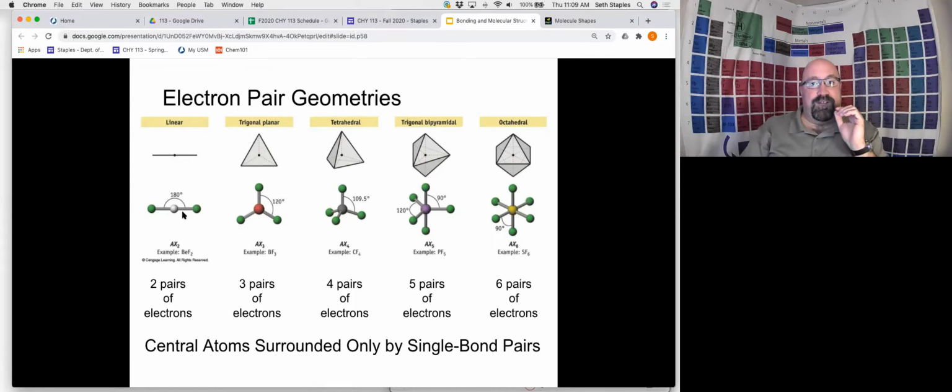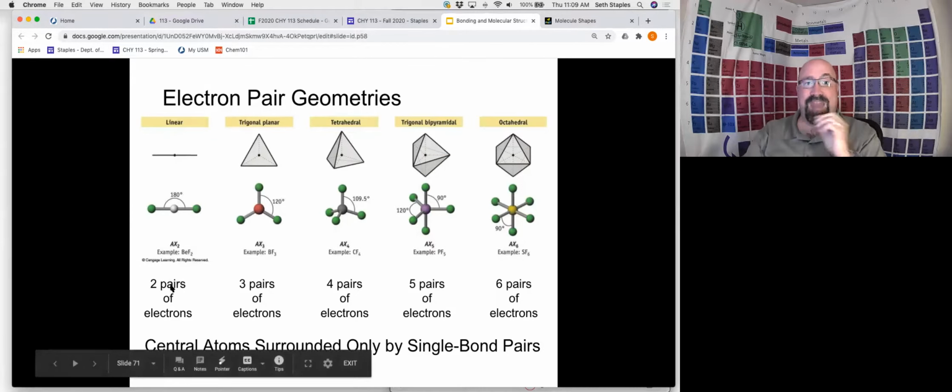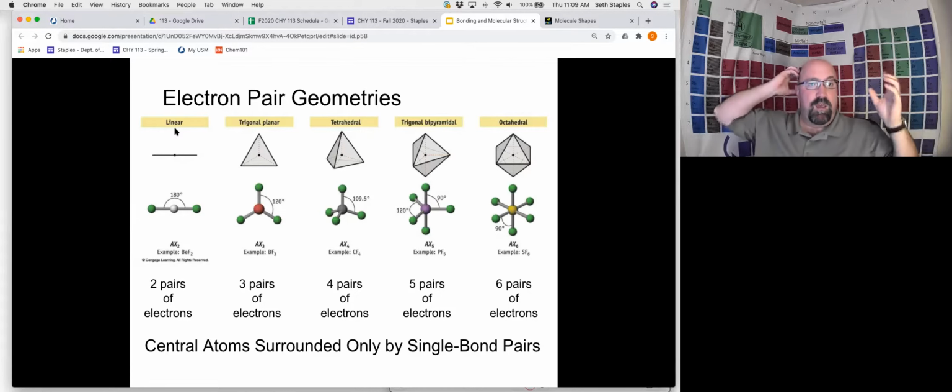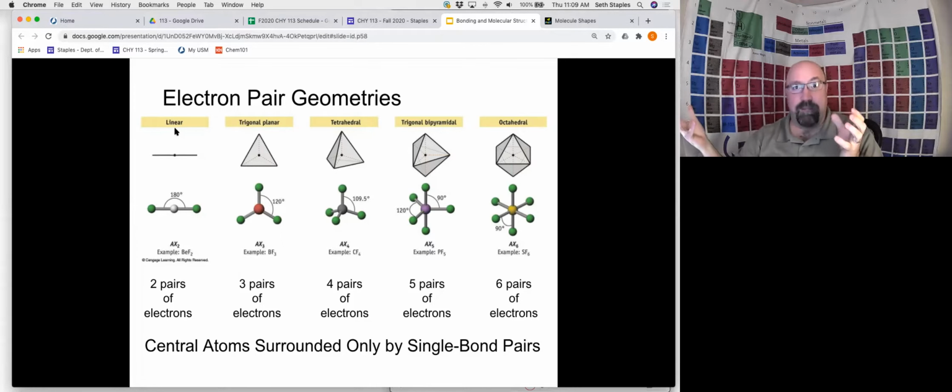We have several different types of electron pair geometries. If we have 2 pairs of electrons around our central atom, then that's an electron pair geometry of linear. Now, again, we're only looking at electron pairs. We're not differentiating between if that electron pair is a lone pair or an actual bonding pair to another atom. So we have 2 pairs of electrons around our central atom. We call that an electron geometry of linear.